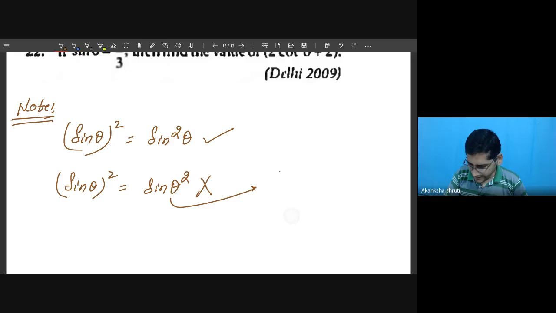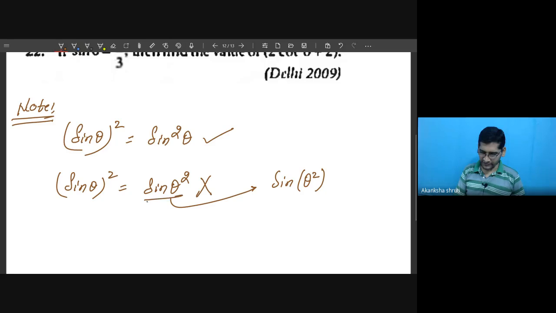This is basically sine as the t ratio, and that t ratio is applied for theta square. Okay, student? Like if you are given an angle 5 degree, then first you are squaring that angle 5 degree, you are getting 25, then their sine ratio you are calculating. So this means that one.